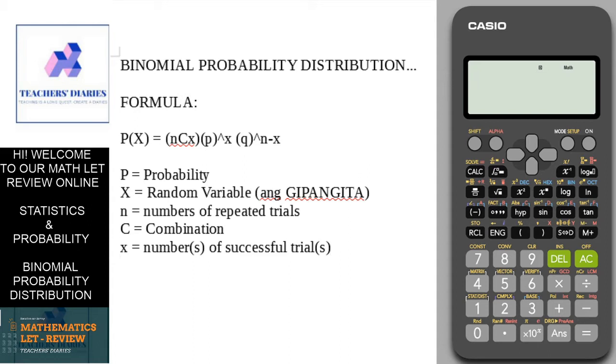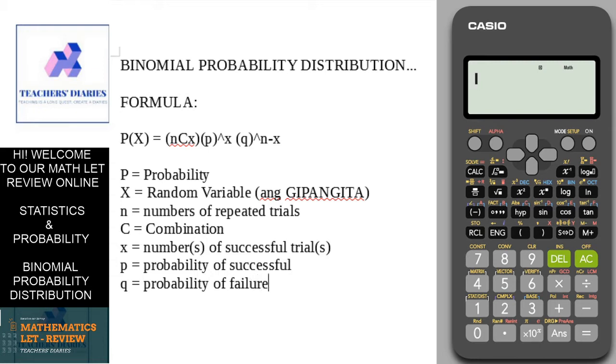Next we got small letter p. Small letter p is the probability of success. Okay, we will discuss that one later. Ato na i-discuss unya kung unsay pasabot anang probability of success. Next we got q, small letter q, and this would be the probability of failure.